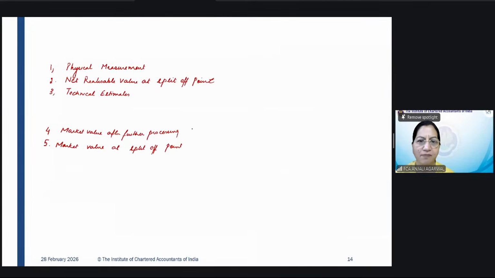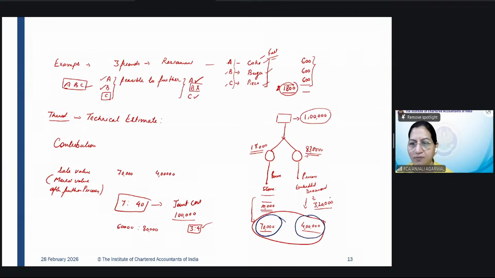So if we take the example of gold rings, you get the market value after further processing in the ratio of 7:40. And now you see that this is very inappropriate. So this method is not working at all, specifically if the further processing costs are totally different.